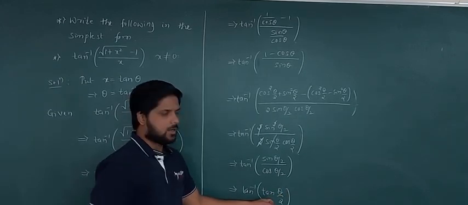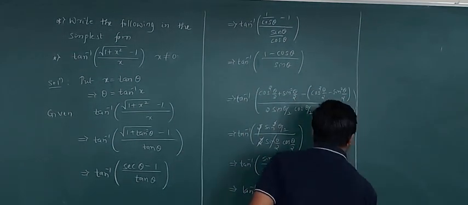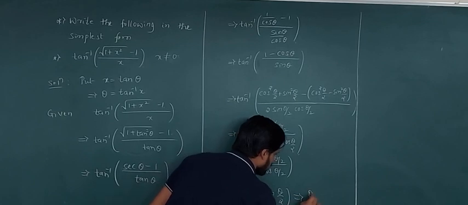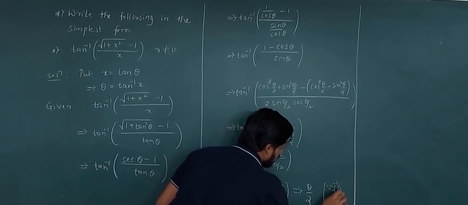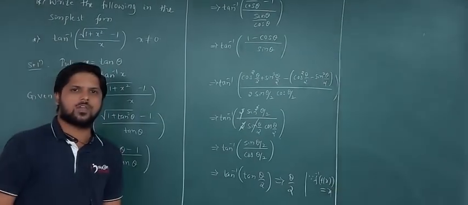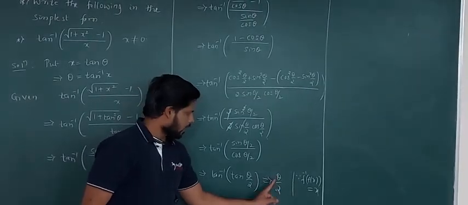See, the tan function is there. So here we get only theta by 2, because we know that f inverse of f of x is equal to x. So therefore, in place of x we have theta by 2.